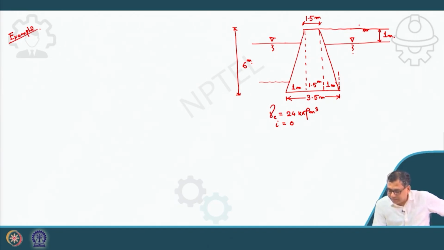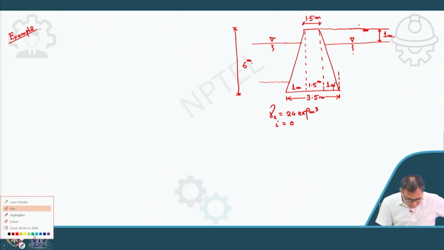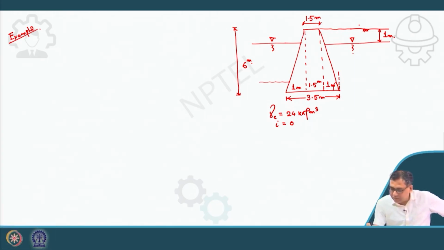So this angle is coming out to be 80.54 degree. This angle is xi, or you can say psi also. Psi angle is 80.54 degree.